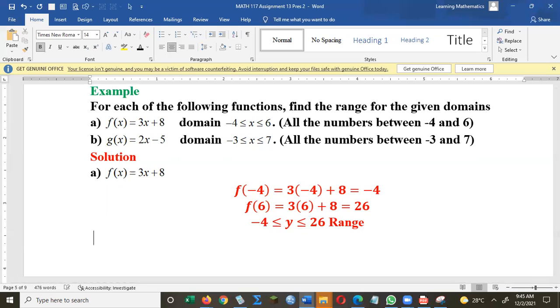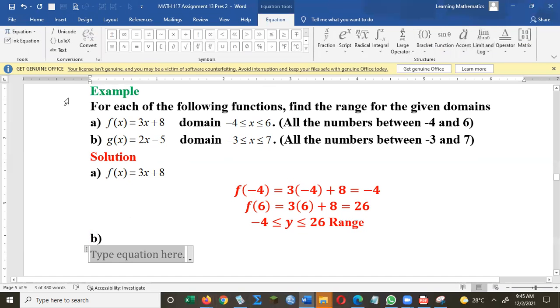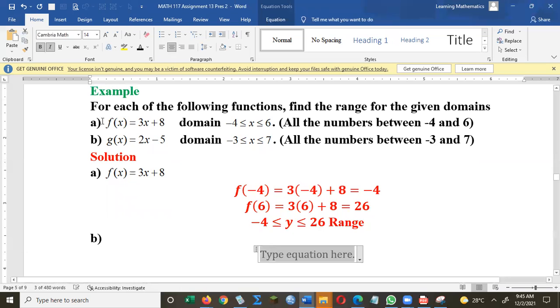Okay, so for B, somebody please tell me what I should type there to find the range for B. Anybody? For B, you're finding the range.